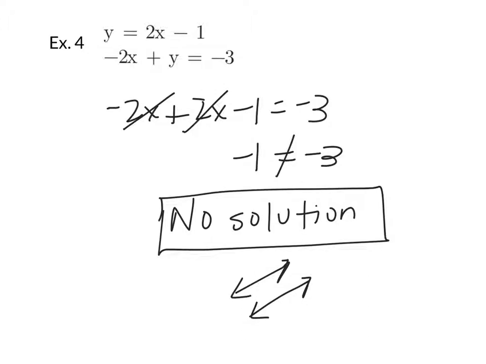So if you have a problem like this, where the variable drops out at some point when you're doing the algebra and you end up with a non-true statement, you can stop right there and say, well, there's no solution. In other words, the graphs of these two lines are parallel and they'll never intersect.